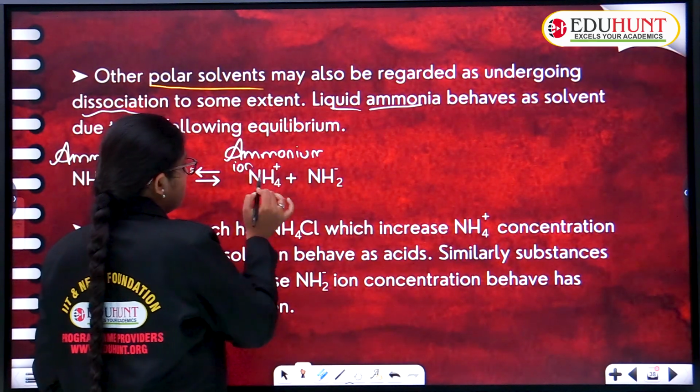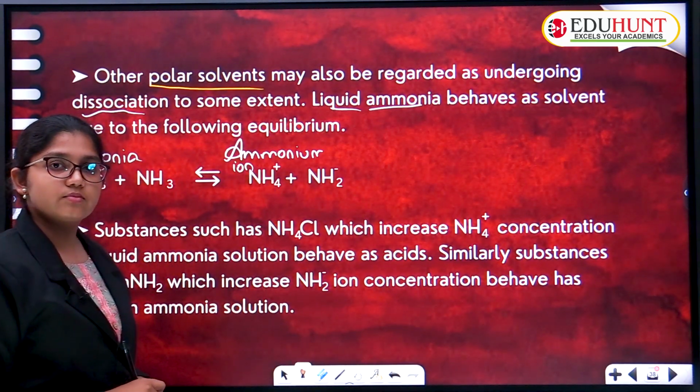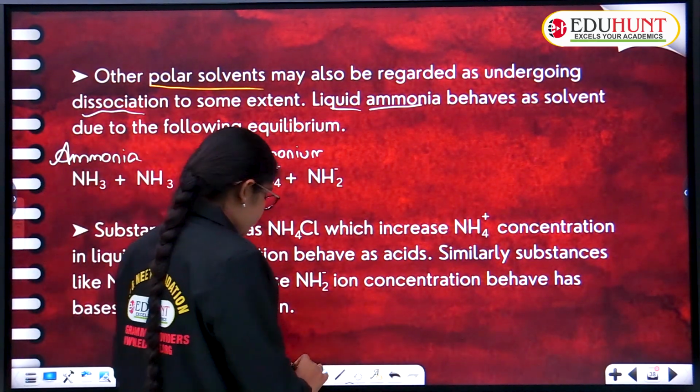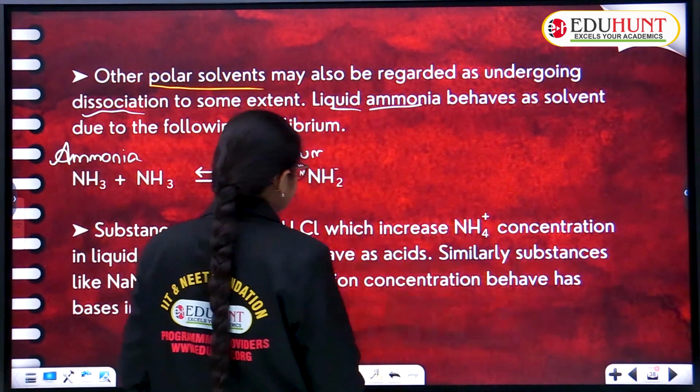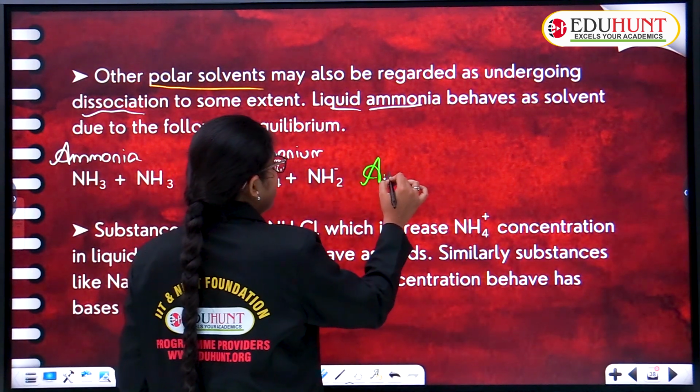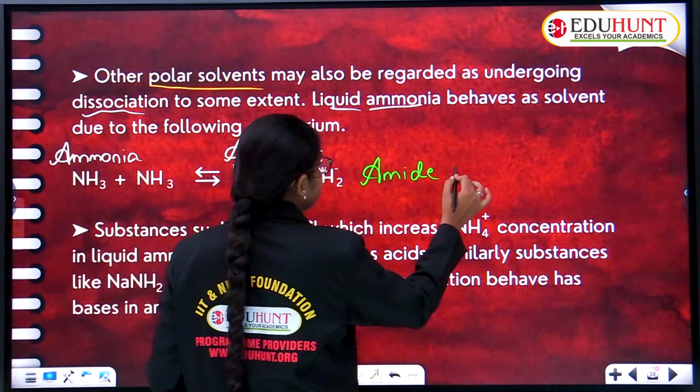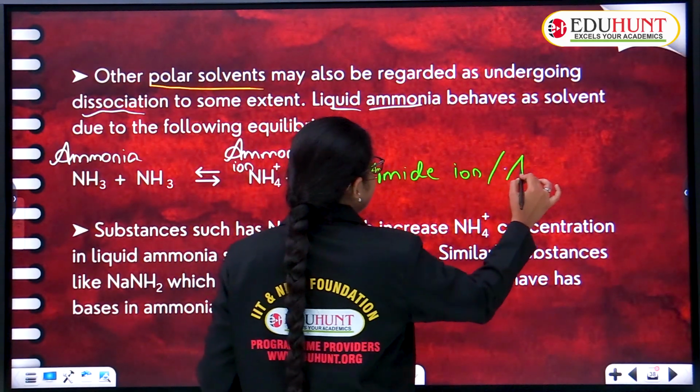What about NH2 minus? NH2 minus is named as amide ion or azenide.